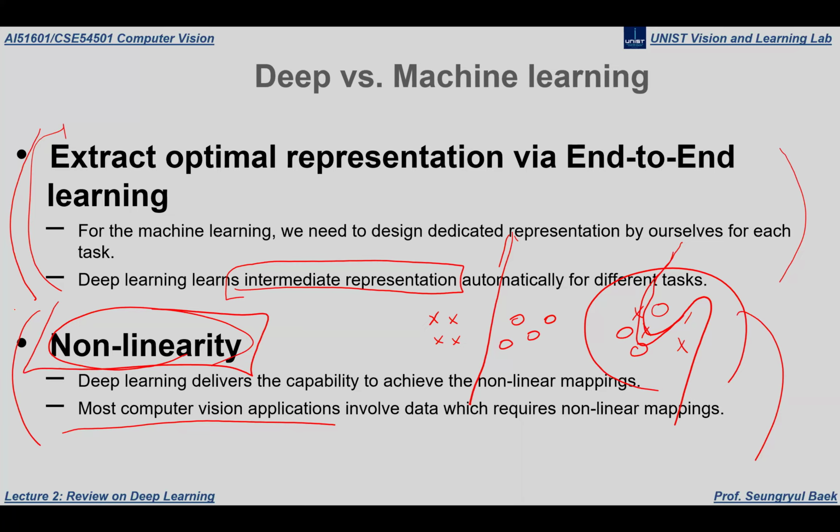So nonlinearity: if we stack more layers, architectures having more than one layer have the capability to represent nonlinear boundaries or nonlinear representations. Okay, that's the other important reason why deep learning works better than the machine learning algorithms.